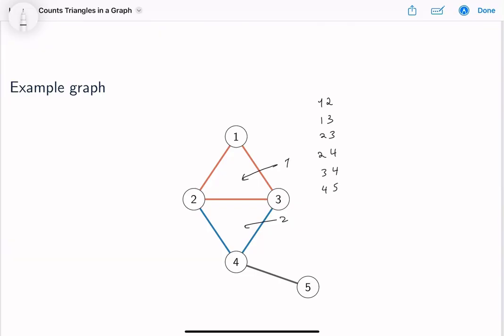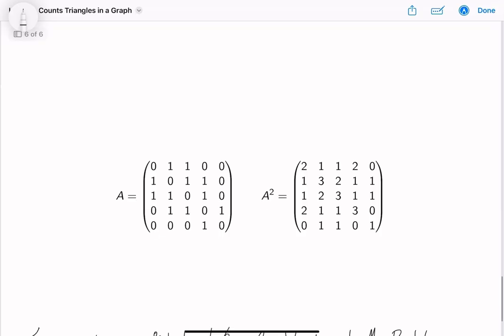And then if we compute the adjacency matrix and its square, this means that in these entries we're gonna have 1s and then the matrix is going to be symmetric, and elsewhere we're going to have zeros. So for forming this matrix A, we have this adjacency matrix, and its square, you can compute it, and it's something like this.